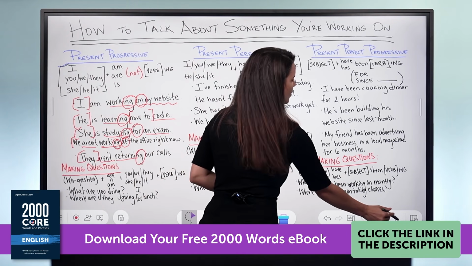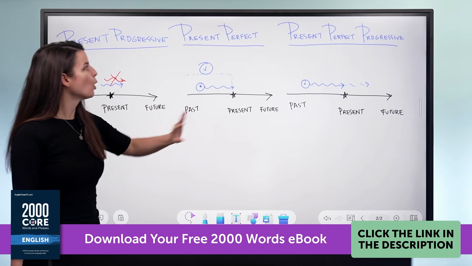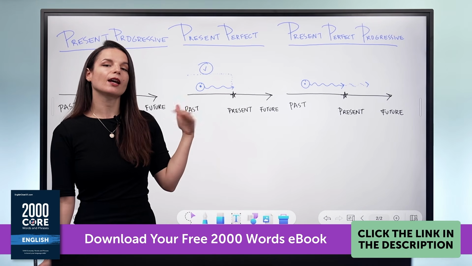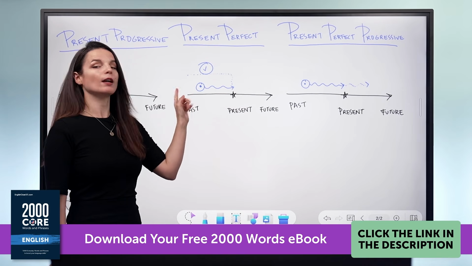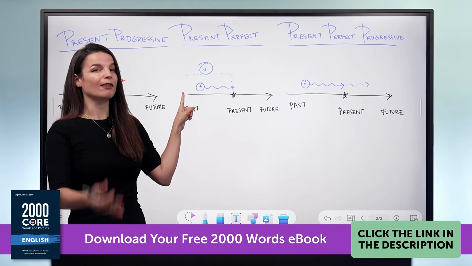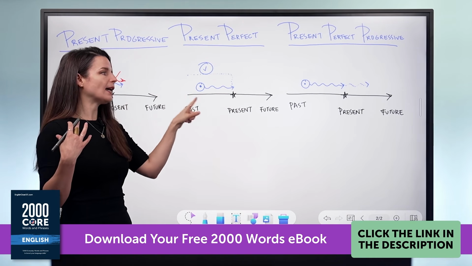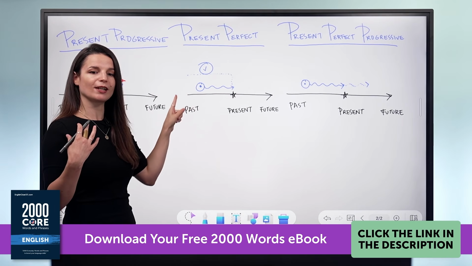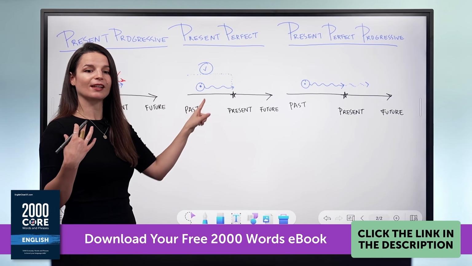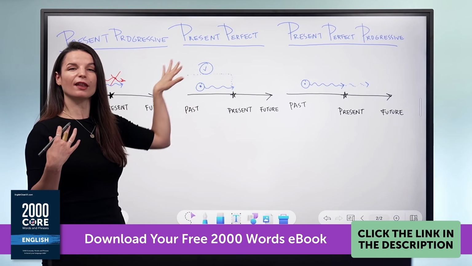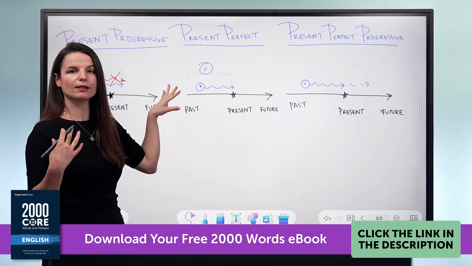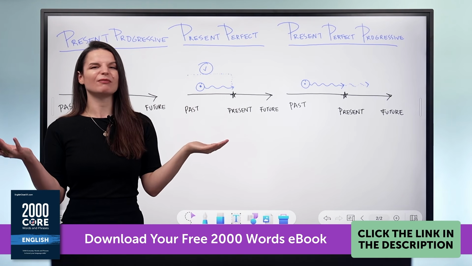Let's take a look at the second page. So we use present perfect in a couple different situations. First is for something that started in the past and continues to the present. Or we can use it for something that happened in the past and when it happened is not important.